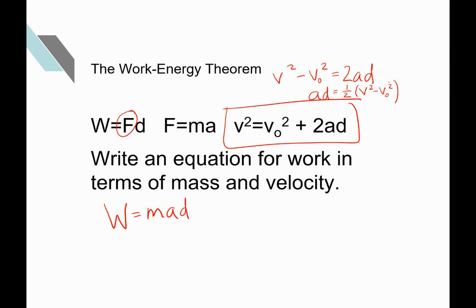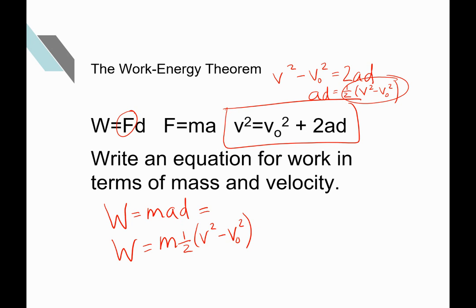So let's go ahead and substitute that in down here. So we end up getting that work, okay, I'll bring that down here. Work is equal to mass times 1/2 times V squared minus V initial squared, okay?